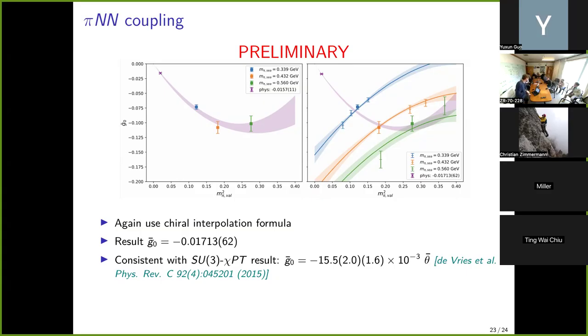You can check the error bars. We don't have systematic errors analyzed at this moment. You can see the statistical error is three times smaller. This part of the calculation is very stable, and the error bar is very small, something like 3%.